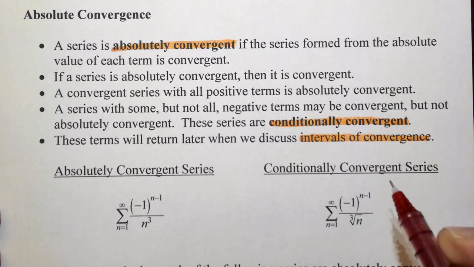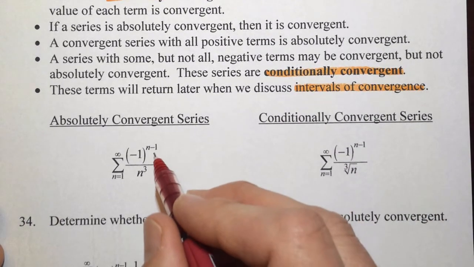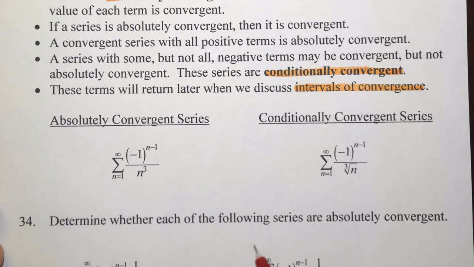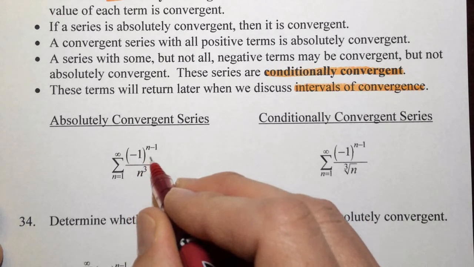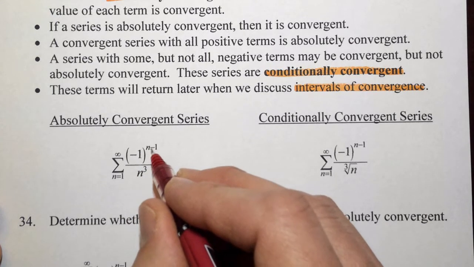So what do we mean by that? Okay, here's the deal. This series right here is an absolutely convergent series. Why do we know that? Because we're going to ignore the alternating part. Because we have -1 to the n plus 1, this is going to be n minus 1.